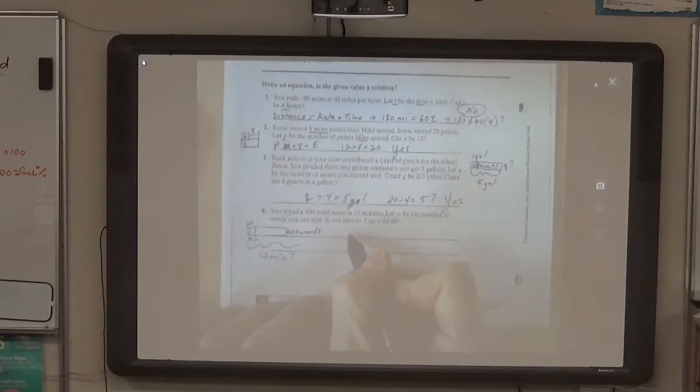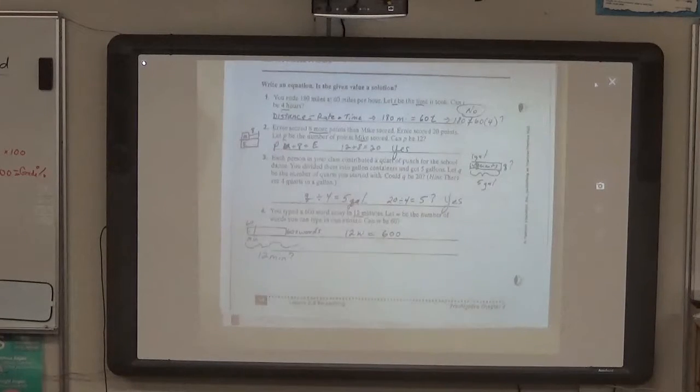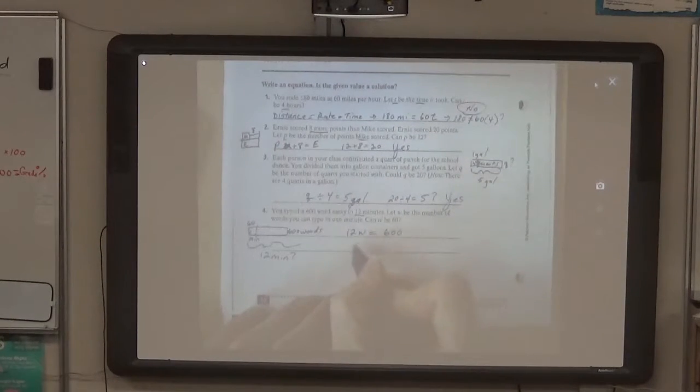Wouldn't 12 times the number of words per minute equal 600? So 12 minutes times how many words you can do in a minute. Now, could W be 60? Does that equal 600? No. But this is the right equation.